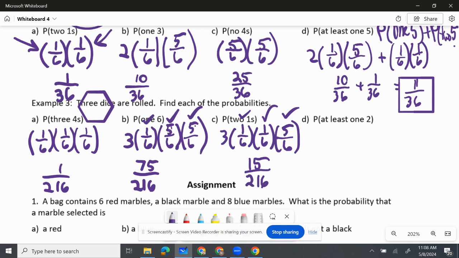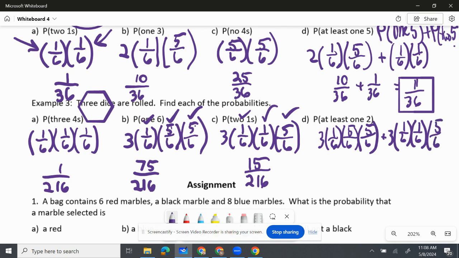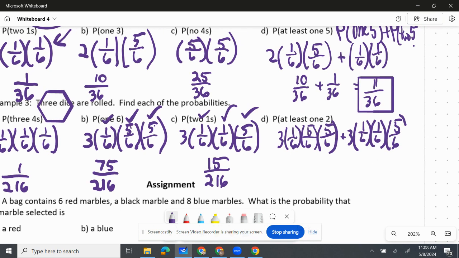And at least 1. Now, at least 1 means it could be 1, or it could be 2, or it could be 3. Now, one thing that you'll notice is that the first 2 that I put on there have a 3 in the front, but this last one does not.